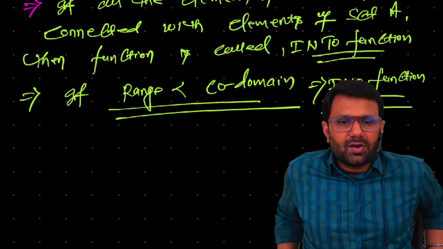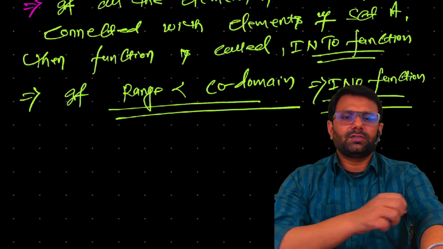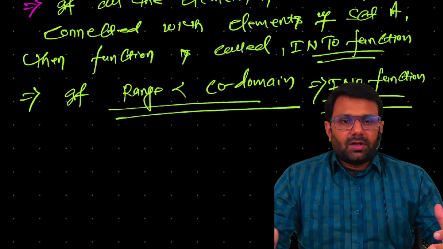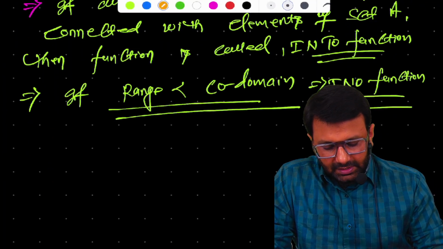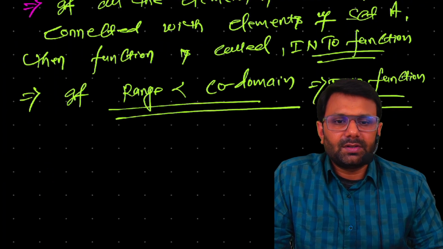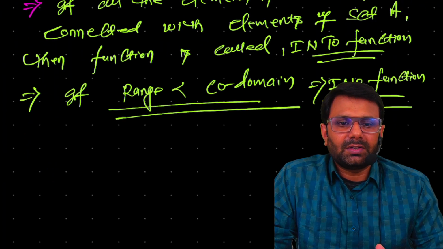Okay, now I have completed the definition part, very fast. Now I will discuss some questions. My next topic is how to decide kinds of a function. This is very, very important. Whatever I discuss after this is very important.